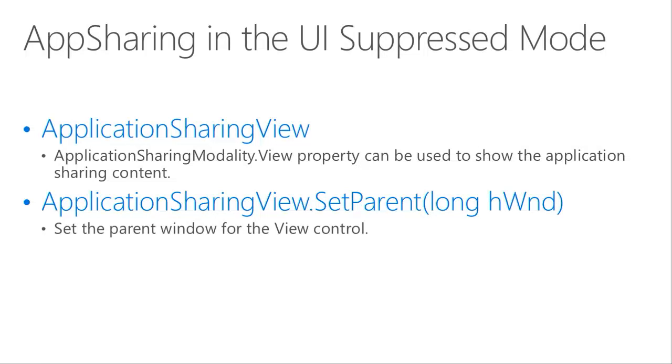Then you can set the parent of this view to your Windows Form application or to your Windows WPF application. You can simply call SetParent with the window handle of the parent window so that it just shows up on your parent window of your application.